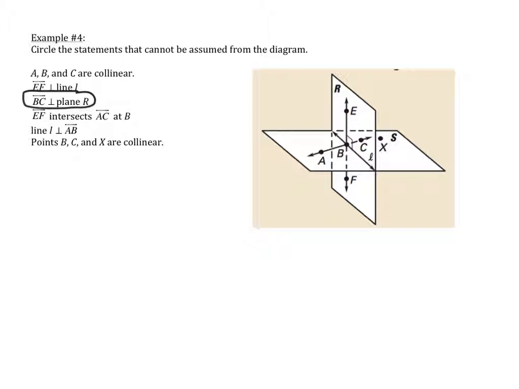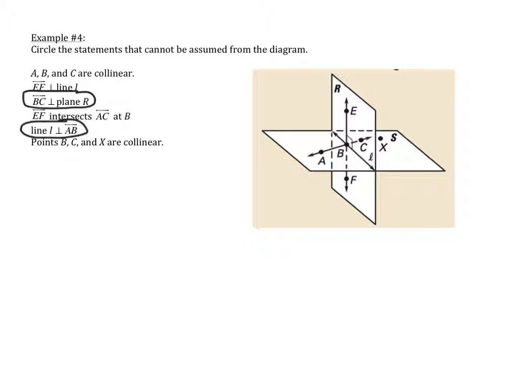So here's line L, perpendicular to line AB. Again, we only know that this line, EF, is perpendicular to the plane and all the lines inside that plane. We do not know that line L is perpendicular to line AB, so we cannot assume that those two lines are perpendicular.